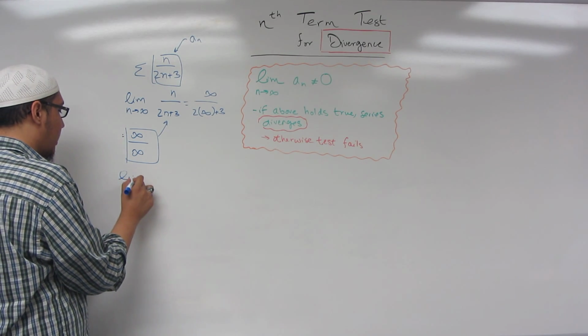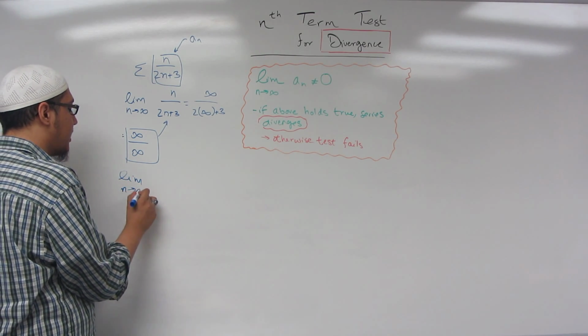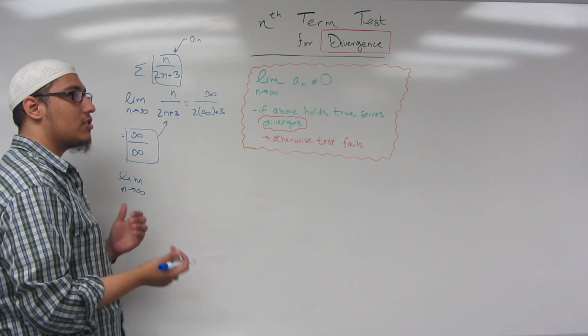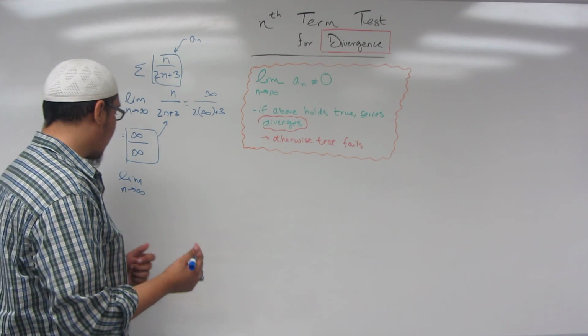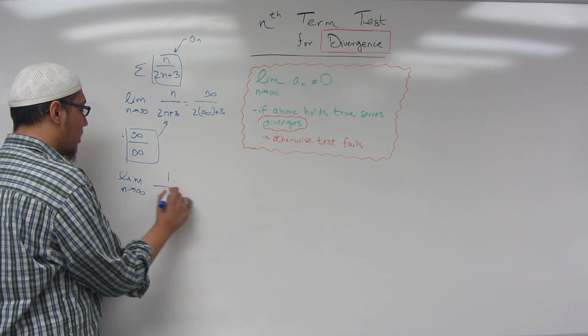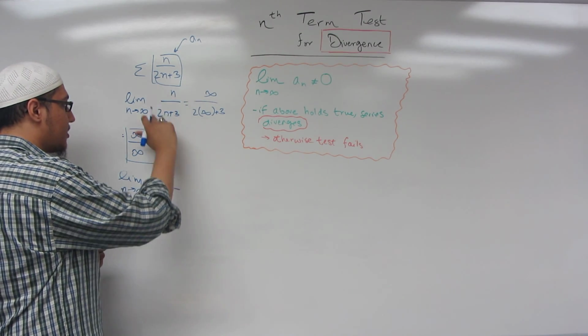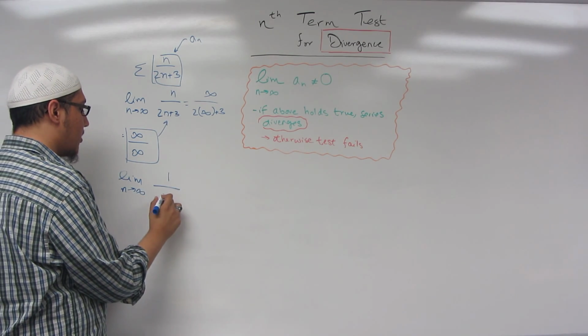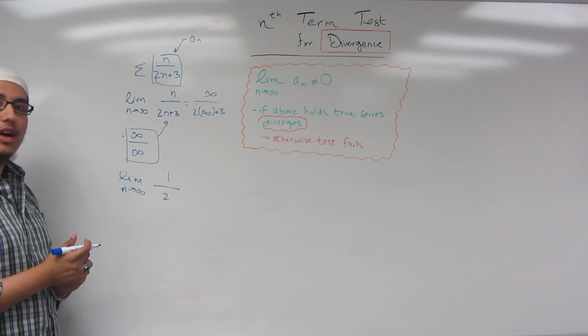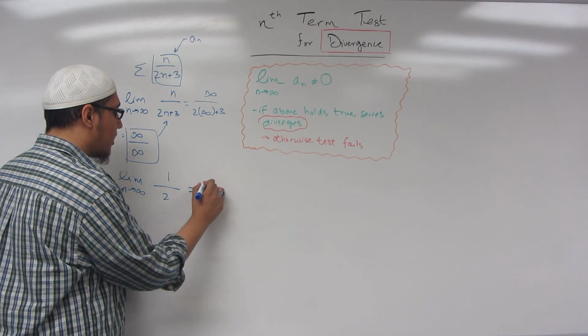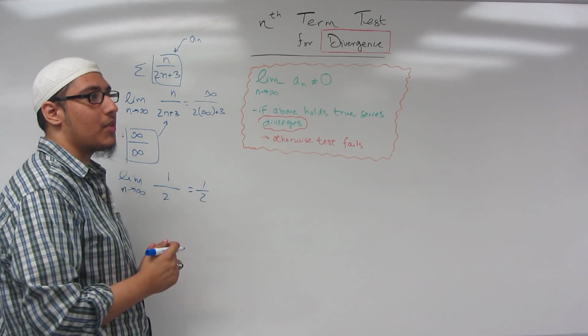In other words, we will then get the limit as n approaches infinity of, well, what is the derivative of n with respect to n? It ends up being 1, divided by the derivative of this term right here. 3 goes to 0, 2n becomes 2. Now, the limit as n approaches infinity of 1/2 ends up being positive 1/2.